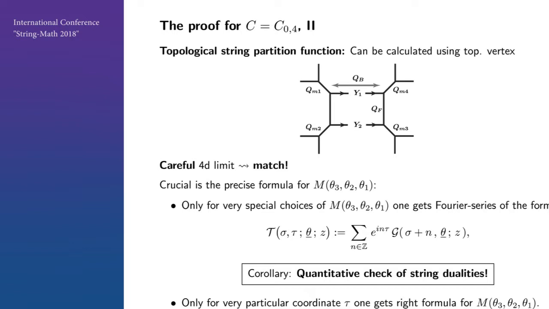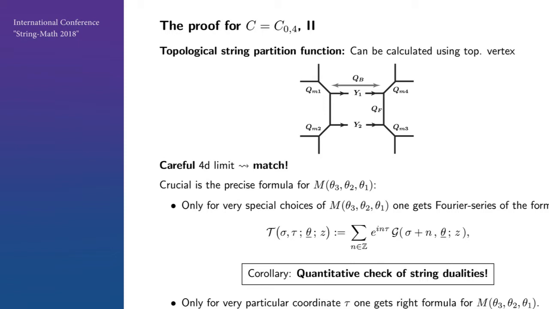had predicted. So I think an interesting application of this is that through this calculation, what we're getting is in particular a rather non-trivial quantitative check of the string dualities, which were going into the arguments of Dijkgraaf, Hollands, Sułkowski, and Vafa. Because you may simply notice that this is very sensitive to, in particular, these precise coefficients. So if they had not come out right, then you would not get here just the simple form of a Fourier transformation.